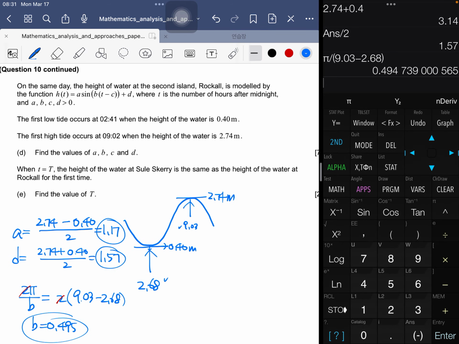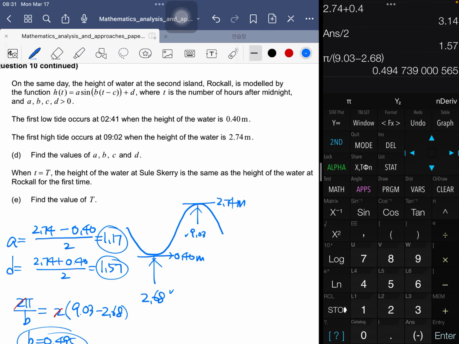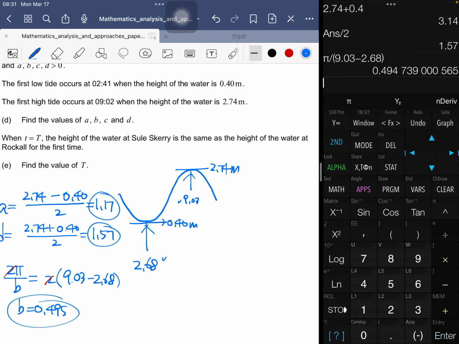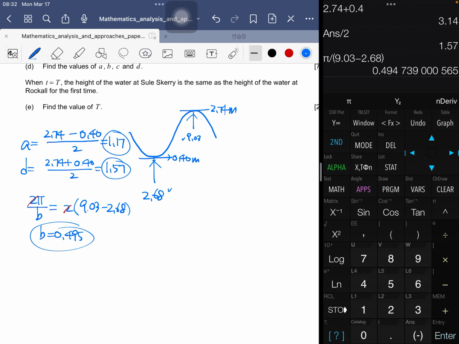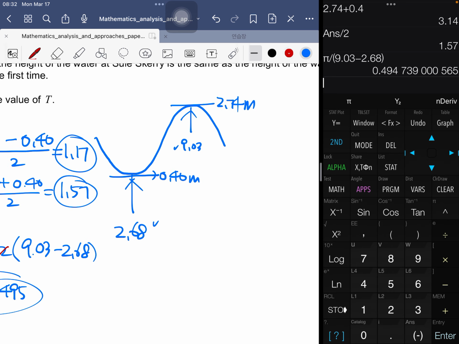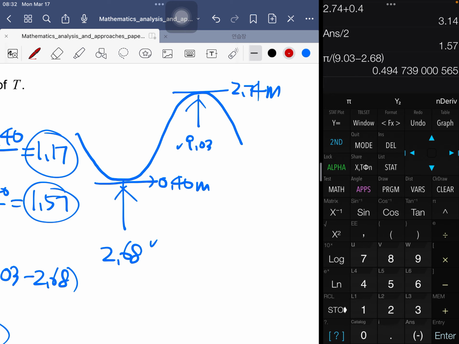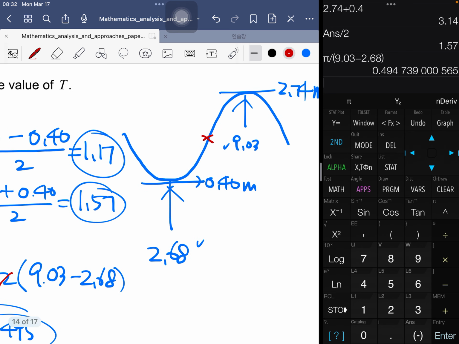What is left? The leftover is the C value, which is a positive constant. Let's see the C value. For a sinusoidal function, the sine function starts from here, right? So we need to find the coordinate of here.